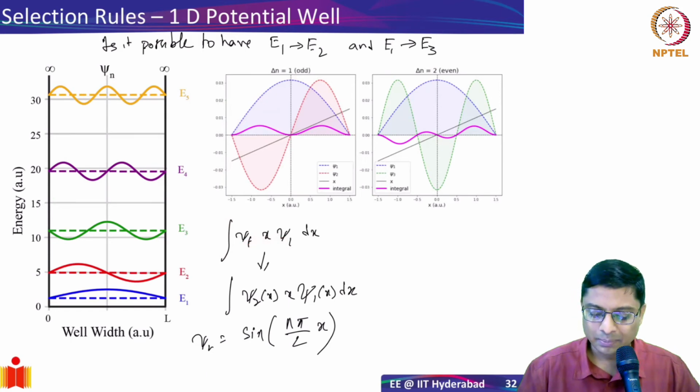If I take the product of all three, I get what is shown here in the pink. There is area under the curve here, and the pink is a product of blue, red, and black. So the area under the curve is non-zero. Therefore, this is an allowed transition.